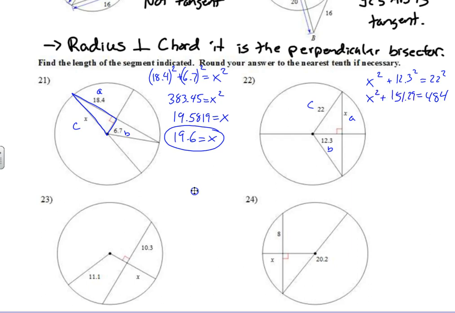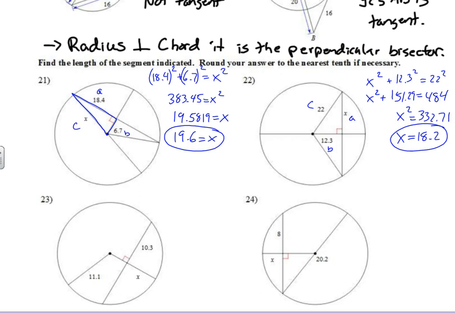So we subtract 484 minus that value, and we get x squared is 332.71. We take the square root of that value, and we get 18.2 when we round it, 18.24.